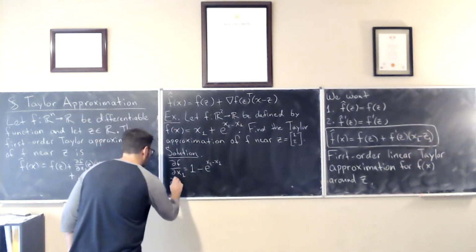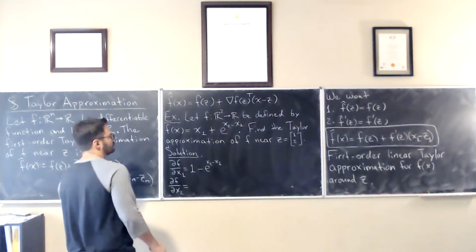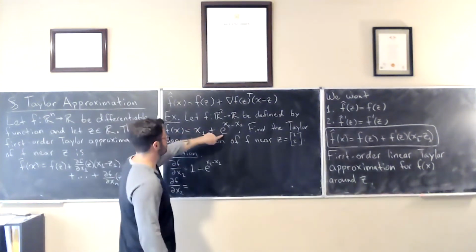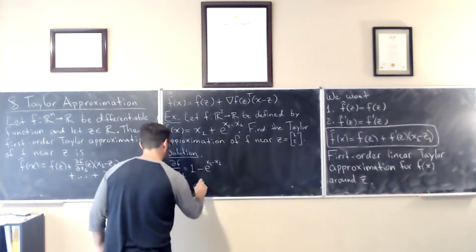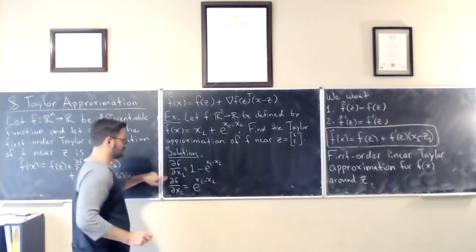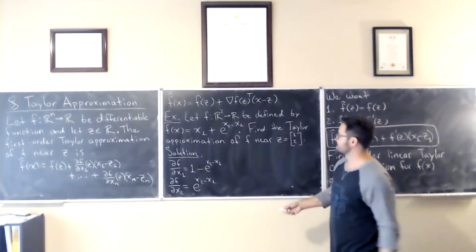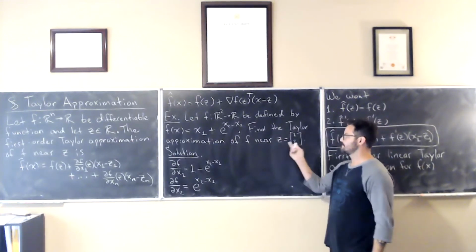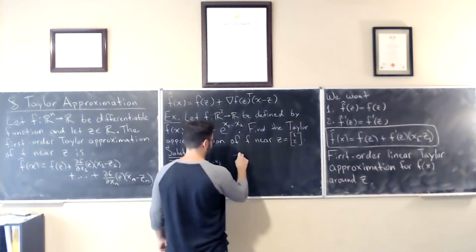And then the partial derivative with respect to x2 is going to be 0, and then just that. And notice that each of these is a function of two variables, so we can plug in something. So we're going to plug in z equals (1, 2) into both of these to get the gradient.